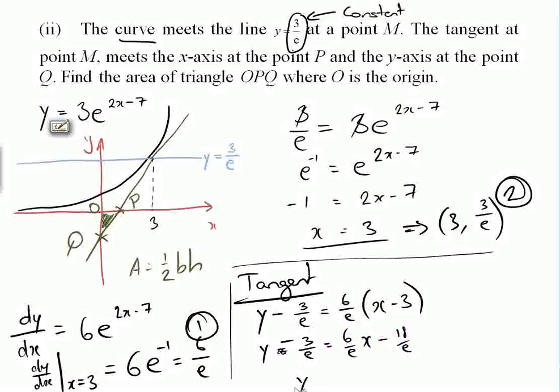Move this over. y is equal to 6 over e x minus 15 over e. So this is the equation of my tangent line. I need a bit more space, so let's just remember this: y equals 6 over e x minus 15 over e.